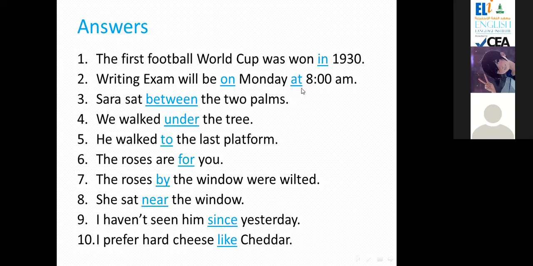Years, days, at 9 o'clock or 8 a.m. are all time. Between and under: Sarah sat between the two boards, the places. Walked to the last platform, also places.